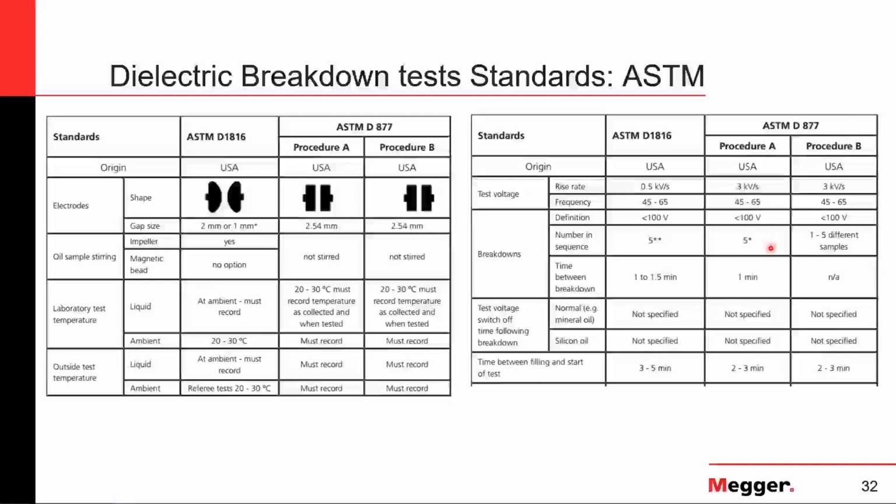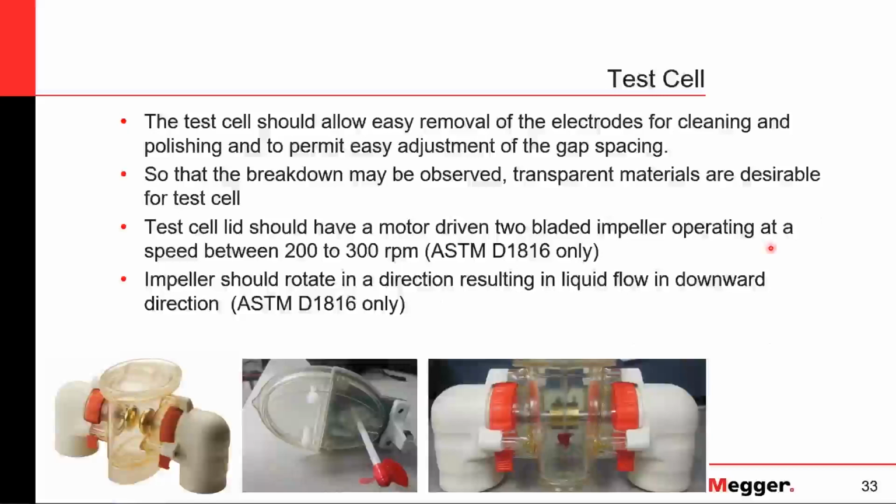Now, when you are preparing for the test, you need to make sure that the vessel you are about to use is completely clean. It is recommended that you clean the test vessel with either lint-free paper or lint-free cloths. Then you can proceed to adjust the gap between the electrodes.